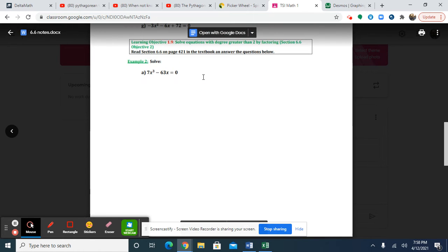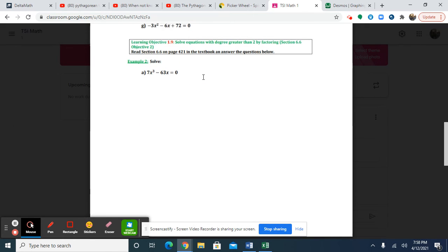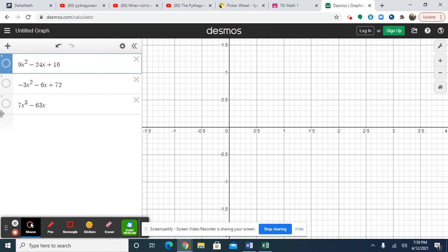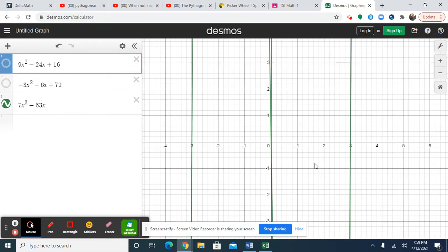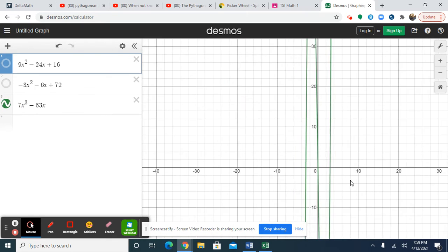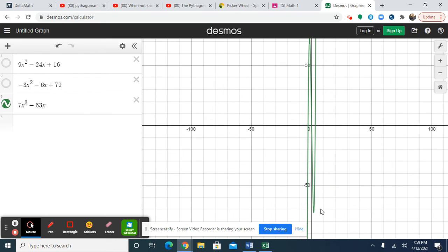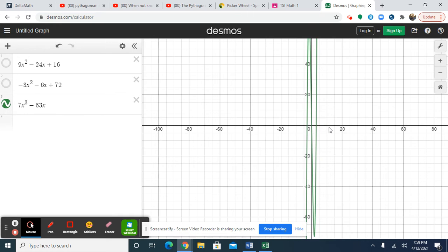Finally, let's look at 7x to the power of 3 minus 63x equals 0. So if we were to graph this, it ends up looking a little bit different. It goes up once, curves, then goes down, curves again, and then goes back up.